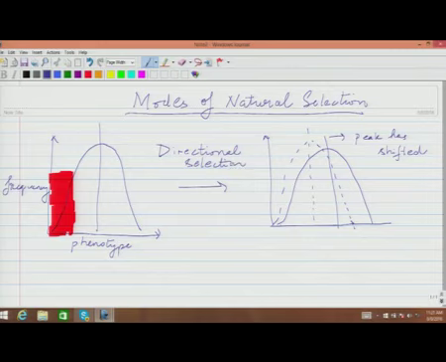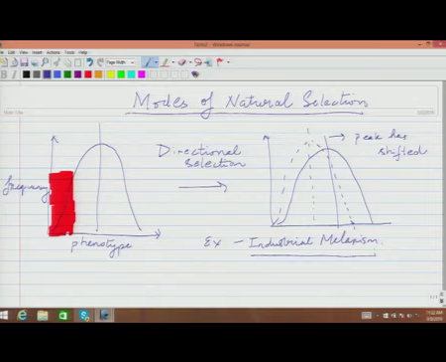And a very good example is that of industrial melanism, where you saw that the peppered moth after the industrial revolution showed a favorable drift towards the black winged moth. So, directional selection helps you in understanding the process of industrial melanism.